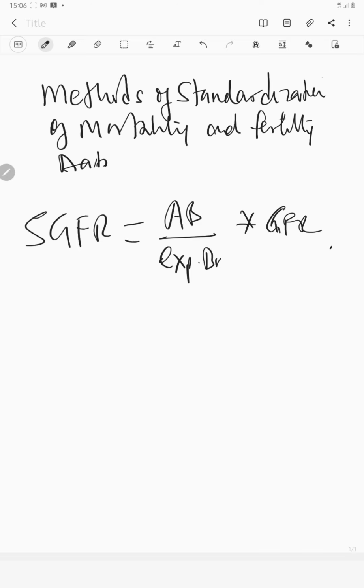And you can recall in the previous classes we discussed GFR, and in order to get the actual birth from the table that we have, the value is 39,690. This is what we were given.